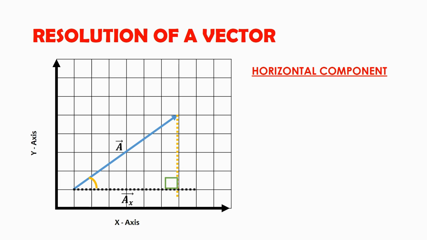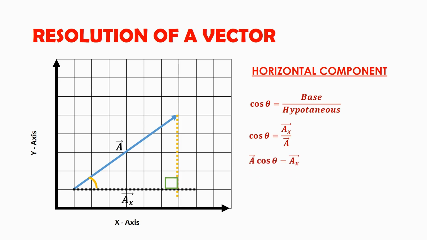For that, we are required to use cos theta equals base upon hypotenuse, as base and hypotenuse both are present in the cosine function. Now we replace base with AX and hypotenuse with A. Then shift A towards the left hand side, because the denominator is going to move to the left hand side and be multiplied by cos theta.